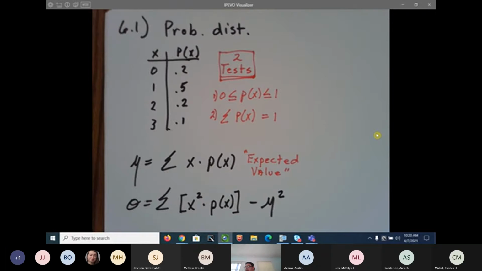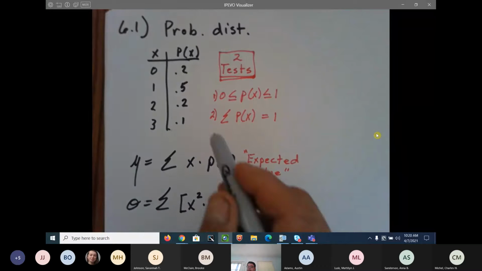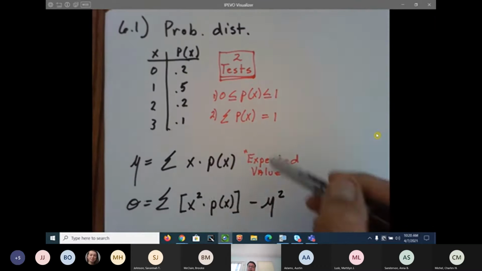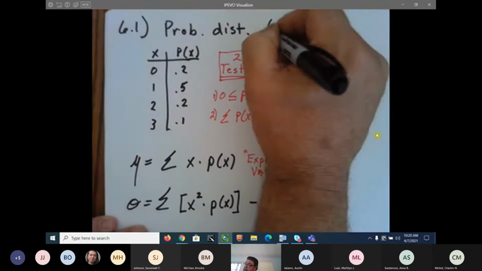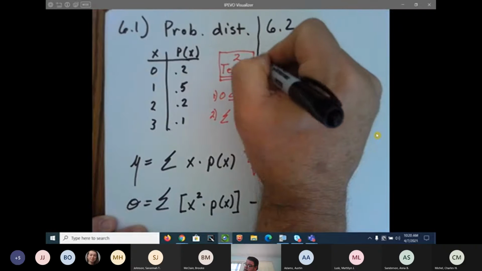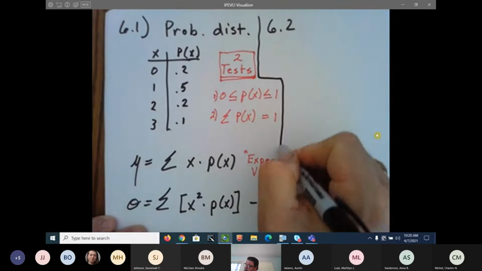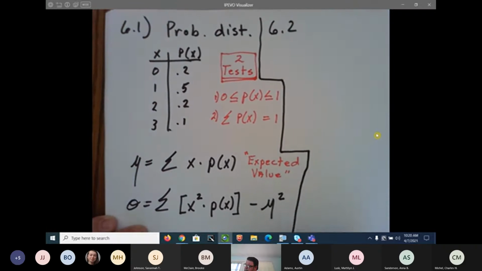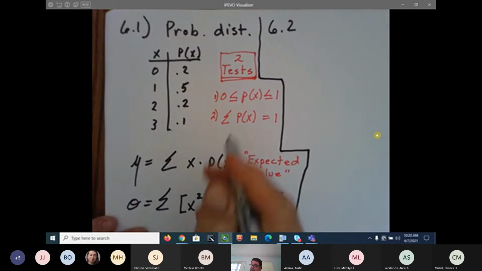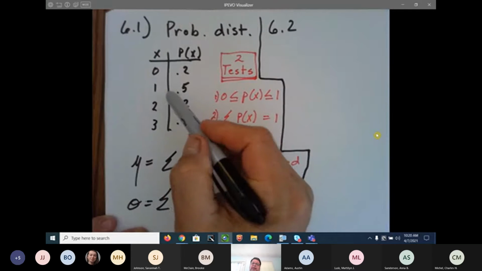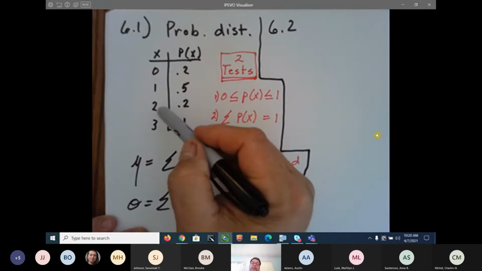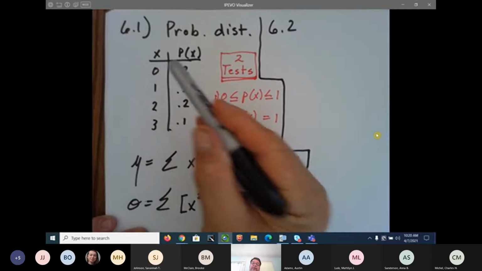So what are we going to do in 6.2? Well, all of this carries over to 6.2. But in 6.2, we're going to learn how to do individual probabilities. We're still going to work with probabilities, but we're going to be asked, what is the probability of 2 or less?